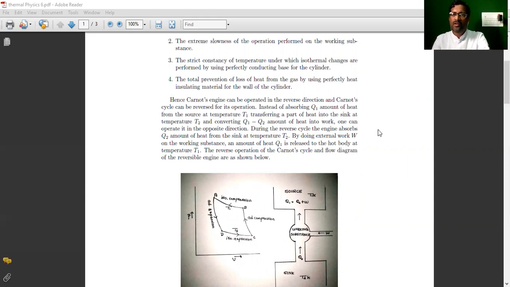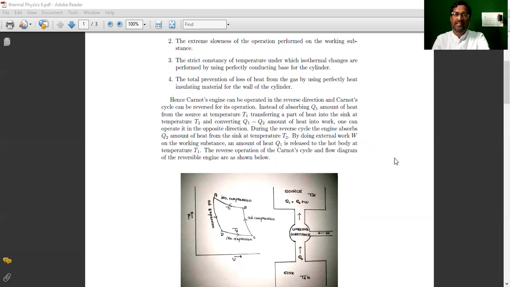Instead of absorbing Q1 amount of heat from the source at temperature T1, transferring a part of heat into the sink at temperature T2, and converting Q1 minus Q2 amount of heat into work, one can operate it in the opposite direction.